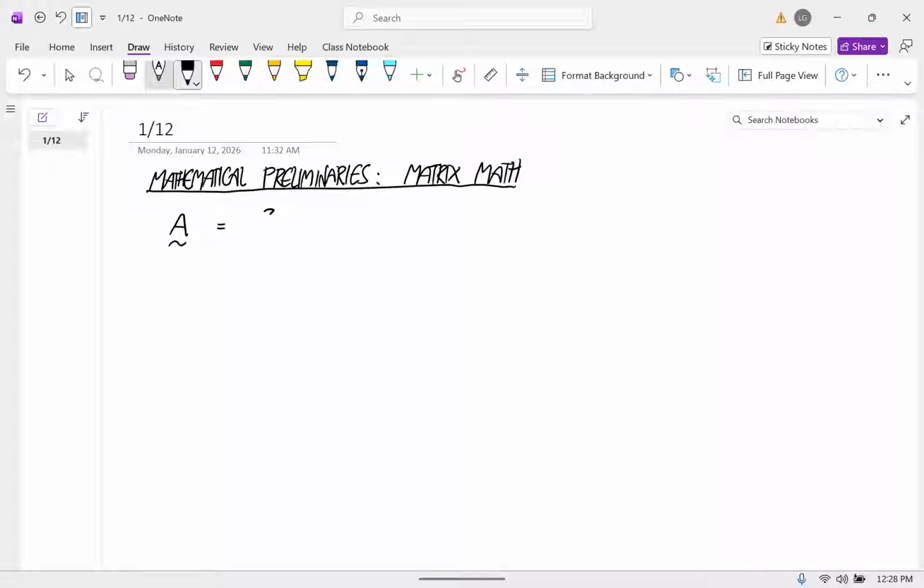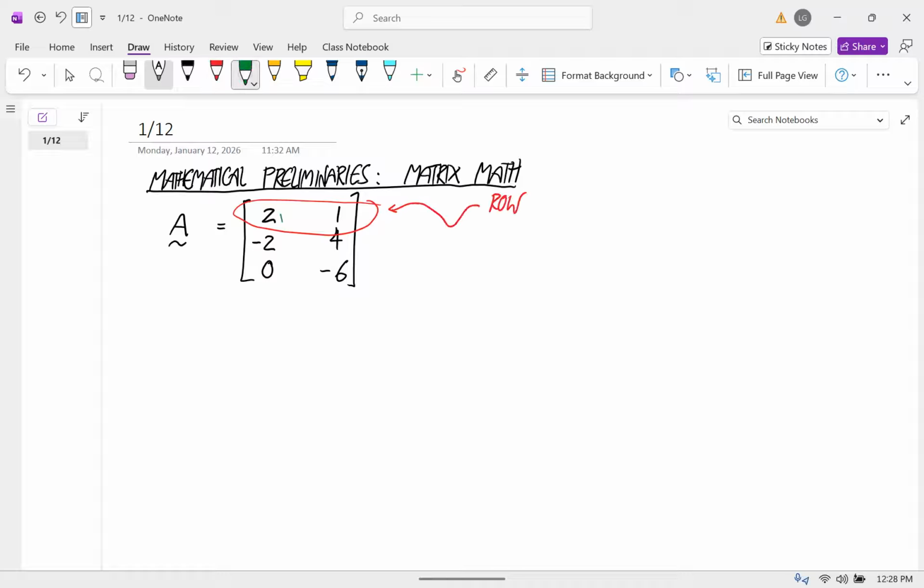Let's say this matrix is 2, 1, and then the next row is -2, 4, and then the next row is 0, -6. And this is called a row, and this is called a column.